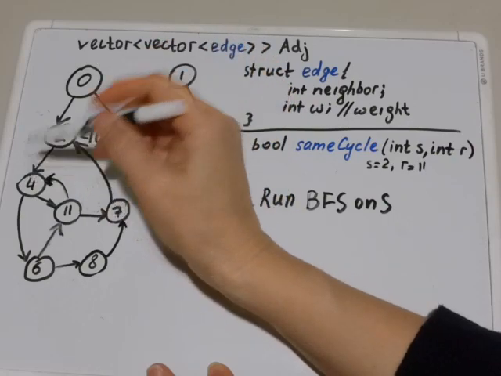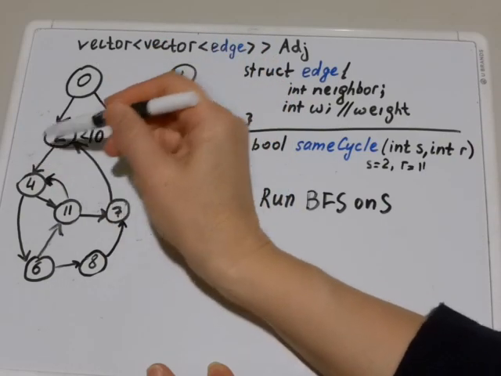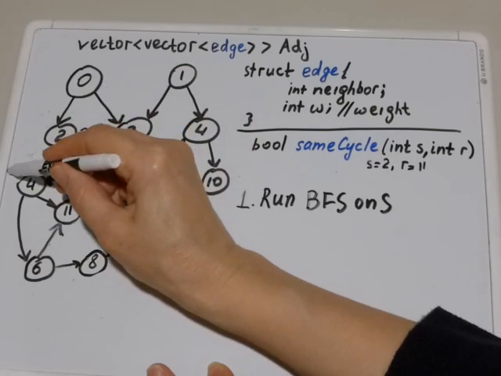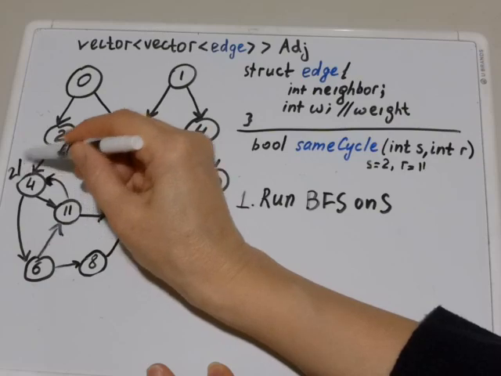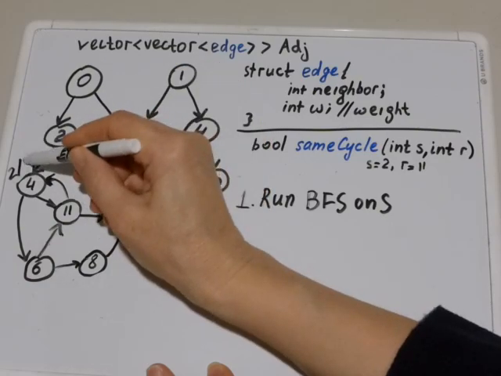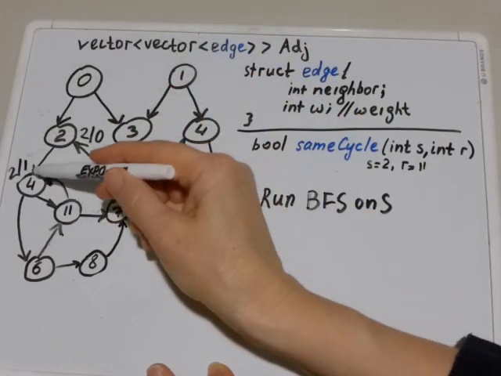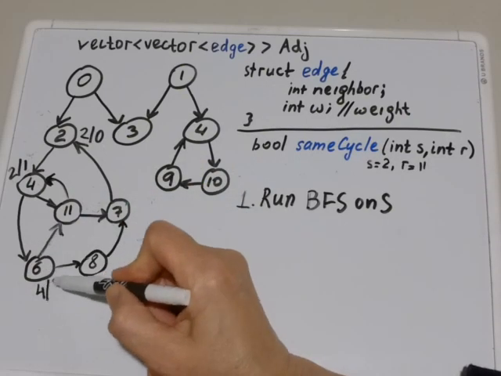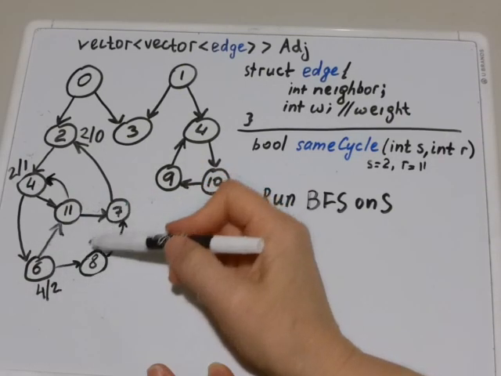Then we'll go to 4. 4 will set parent to 2, and we'll set distance to 1 greater than parent, so to 1. And it will visit 6, so parent would be 4, distance would be 2.